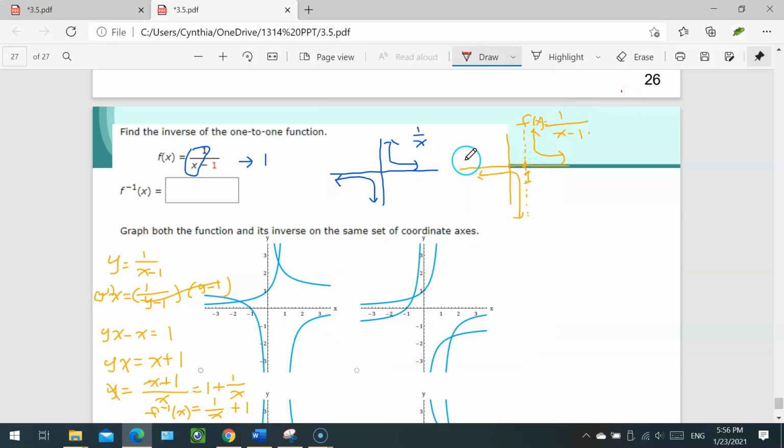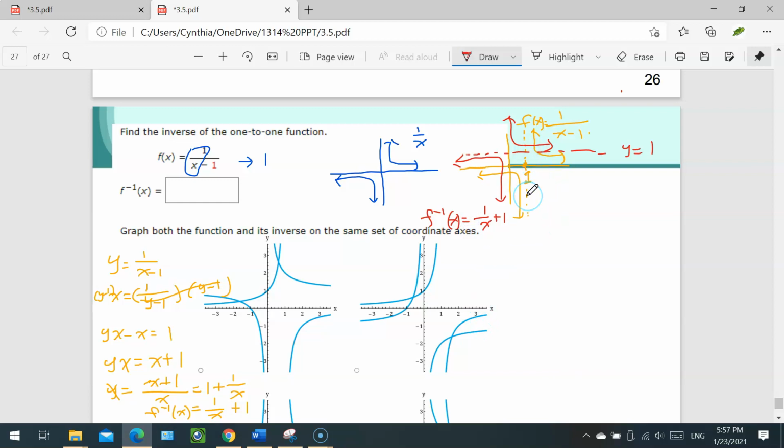So the inverse function of this one would shift 1 unit up based on y equal 1. And now the two pieces of curve are symmetric to each other based on 0, 1. So the red one is 1 over x plus 1, which is the inverse of the function.